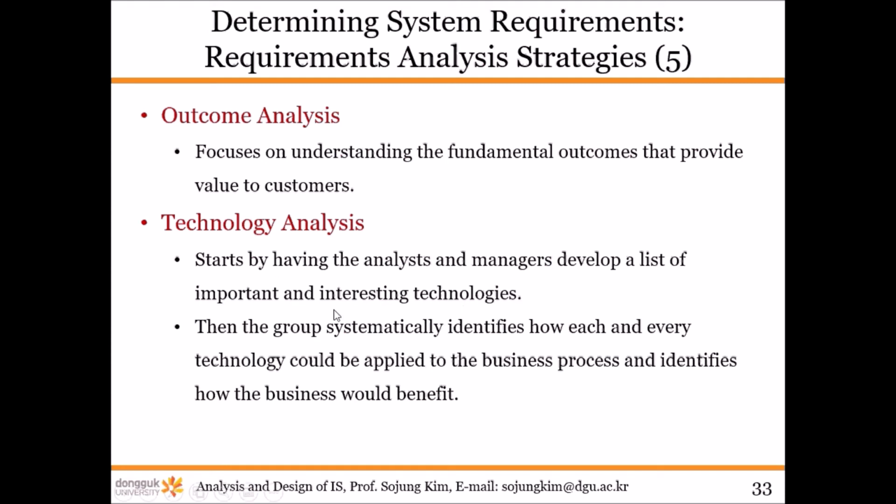And then see how important a certain kind of technology is, right? Significance of the technology, right? Then systematically identify how each and every technology could be applied to the business process and identify how the business would benefit. See? So this one is more technology oriented and this one is outcome oriented.